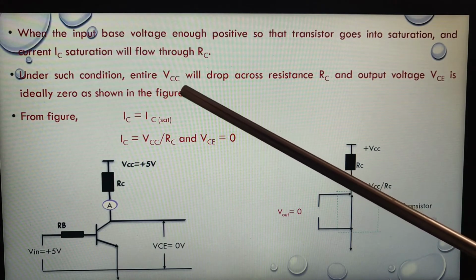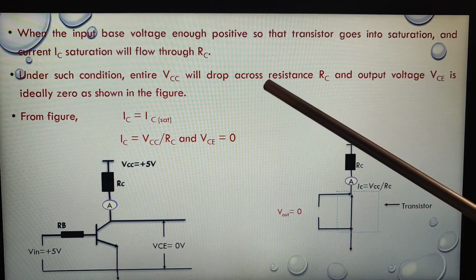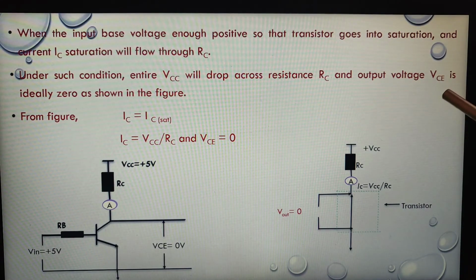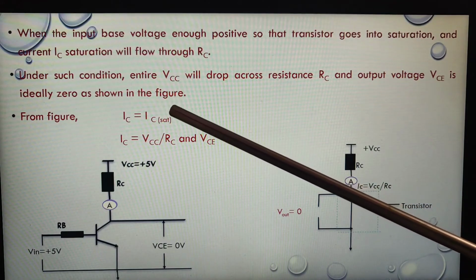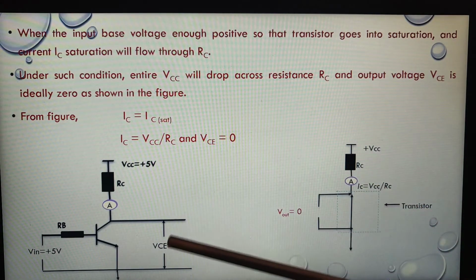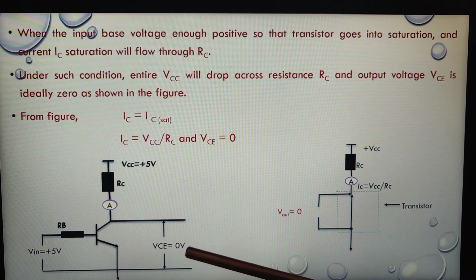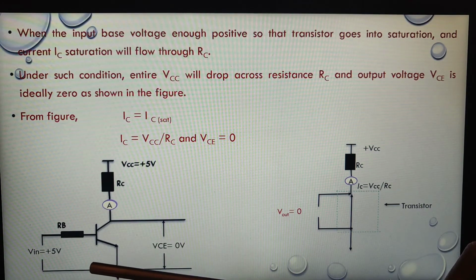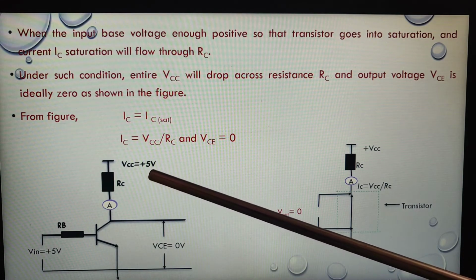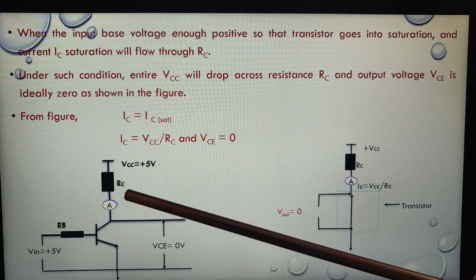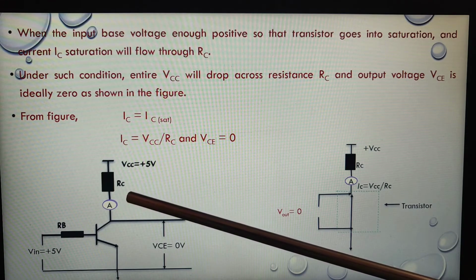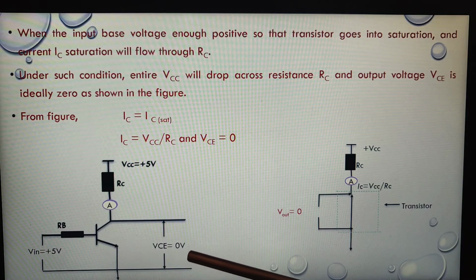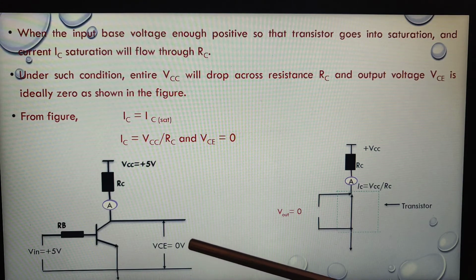Under such condition, entire VCC will drop across resistor RC and output voltage VC is ideally 0 as shown in the figure. So here VC equal to 0, because when input signal is applied to the base emitter, then this VCC is totally dropped across the collector resistor RC, and so there is no output voltage, that means VC equal to 0, right?